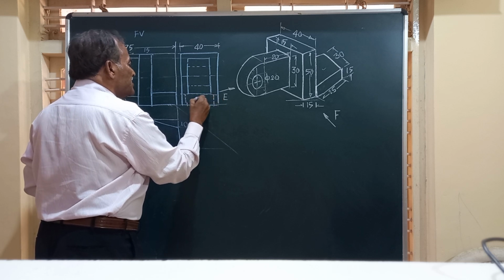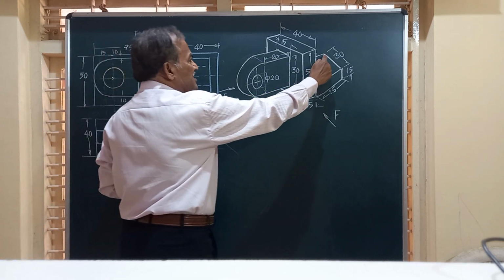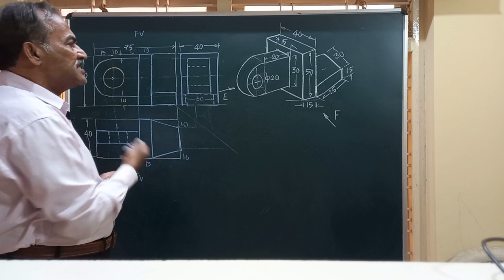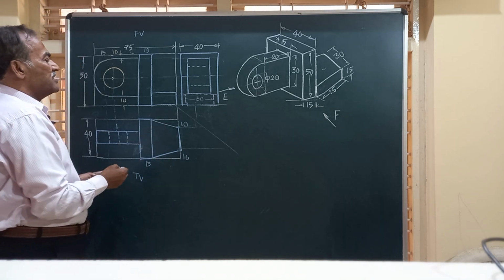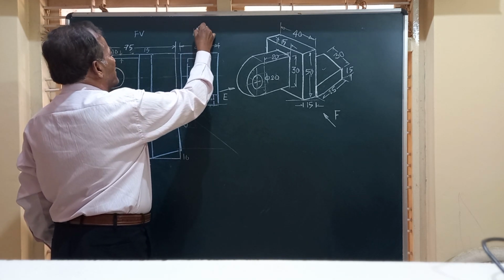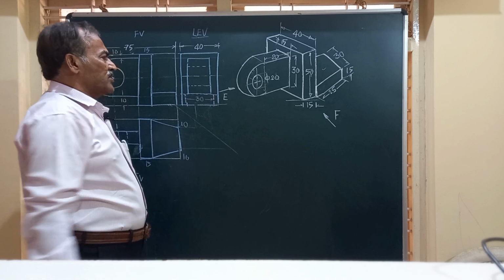This will have a width equal to 30, and these dotted lines here, one is this line, the other one is this line. Since it's not possible to see in the end view, they are shown by the dotted lines. Friend, this will give you the left end view or the left profile view of this component.